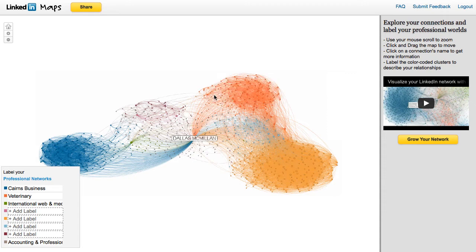So let's review this orange one. I'd tagged this as veterinary, and it was a little bit unclear last time, but I can confirm that this is vets at the moment.